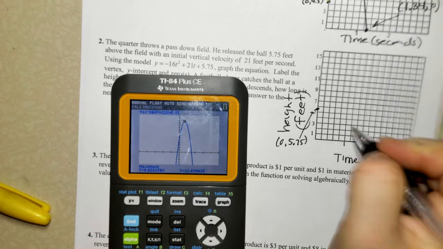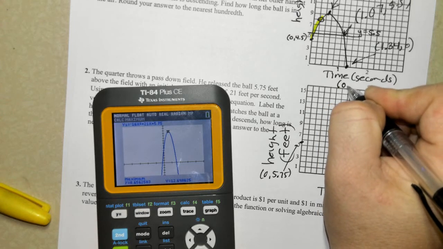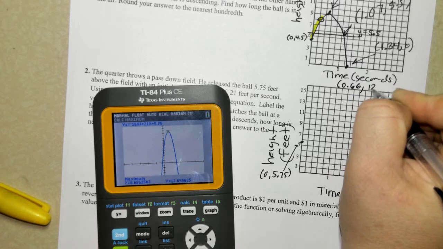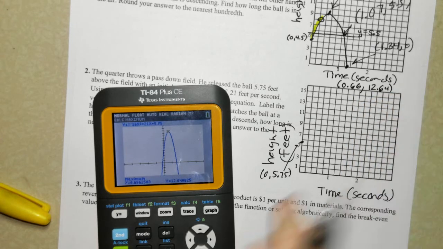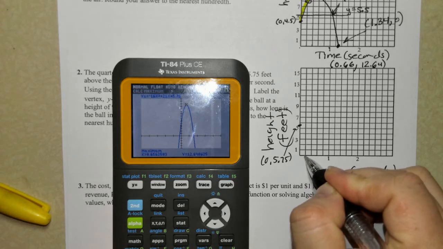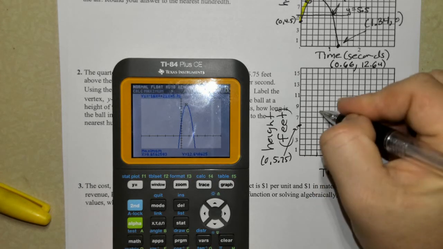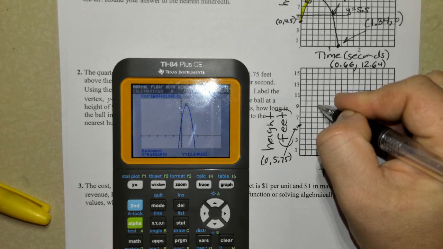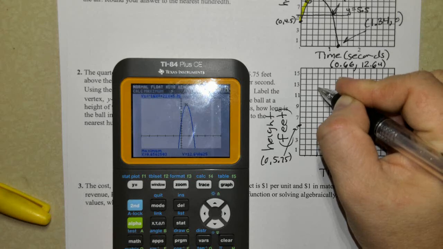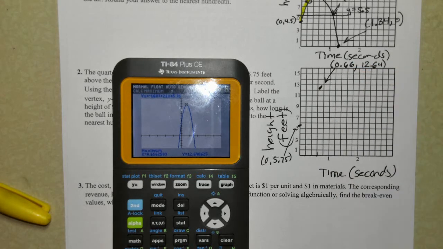All right, so the maximum, I'm going to write it up here, is rounded to the nearest hundredth, 0.66 and 12.64. Okay, let's graph that. So 0.2, 0.4, 0.6. Okay, so 0.6, 12, there's 9, 10, 11, 12, a little over 12 and a half, a little past 0.6.